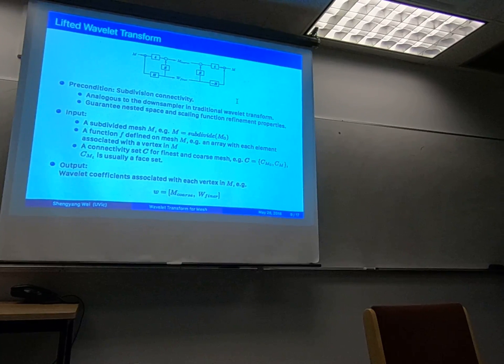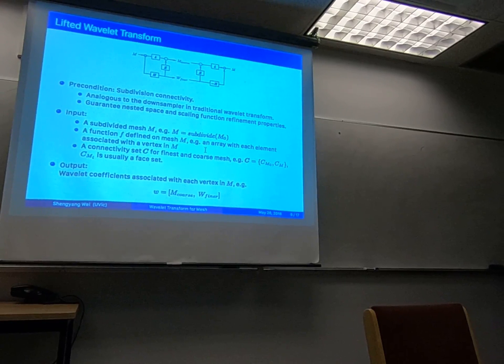Because it guarantees the nested space and scaling function refinement properties. In my understanding, it is similar to the downsampler in the traditional wavelet transform, so we know which vertices we can remove and which vertices we have to keep. The other input is the topology, the connectivity for the finer mesh and the coarse mesh, so we can separate the coarse vertices and finer vertices.